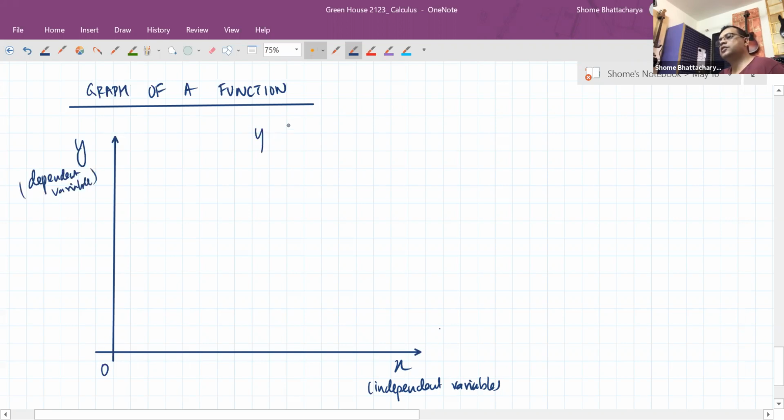So this is for the function y equal to f(x). And if I take certain values of x, like this, and corresponding values of y, so they come out to be y1, y2 for each value of x.